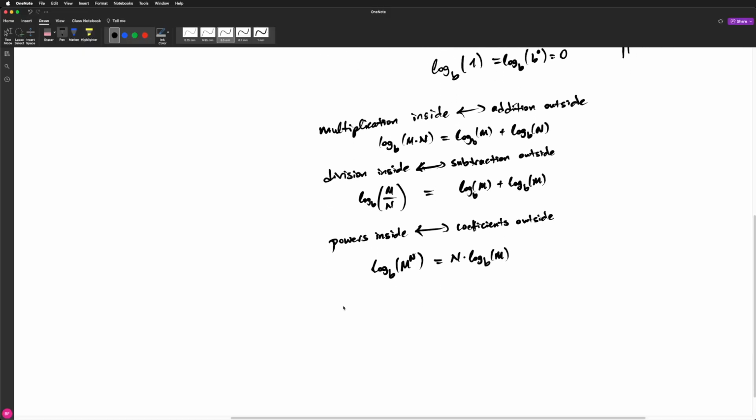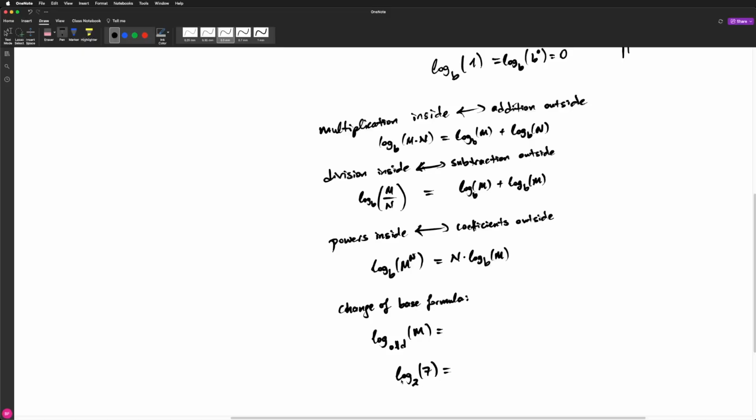And we have a change of base formula that's kind of handy. Change of base formula. If you have a logarithm with an old base that you don't want and you have something inside, I'll give an example. Maybe you need to compute logarithm of 7 with respect to base 2.